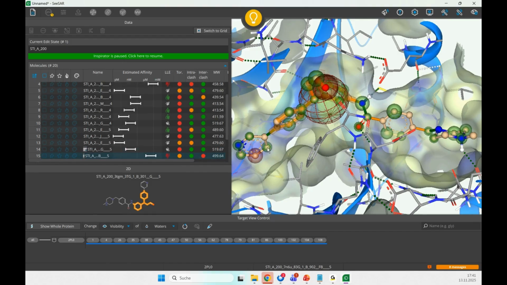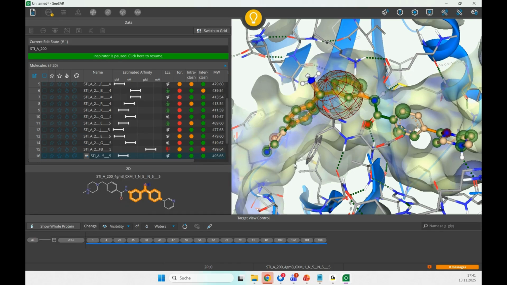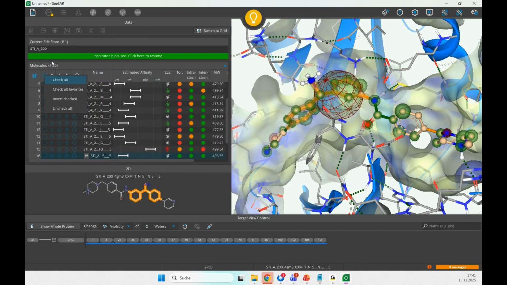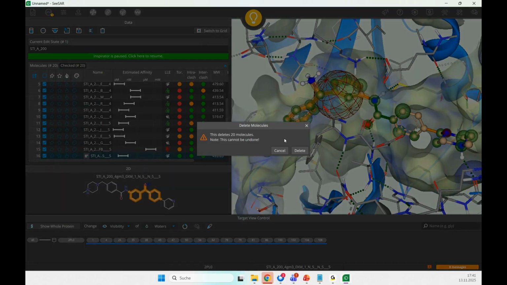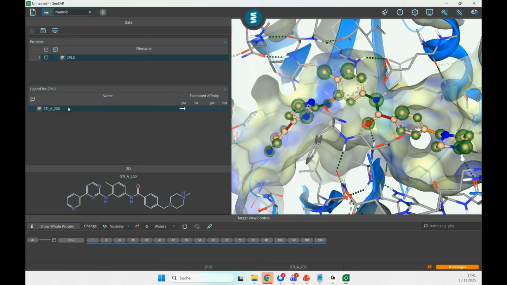So I've split my imatinib into 2 smaller fragment-like compounds. So this one, now I take this one to the Inspirator. I will turn off the constraint. Now I'd like to go from this hydrogen here. So I select the hydrogen, again, FastScroll. Let's see what we can find.